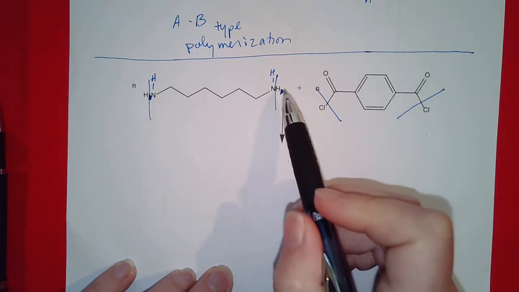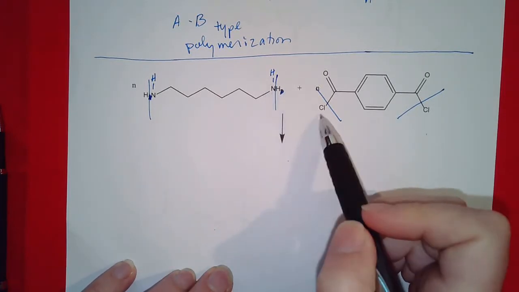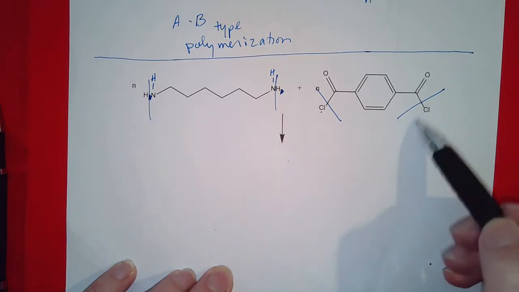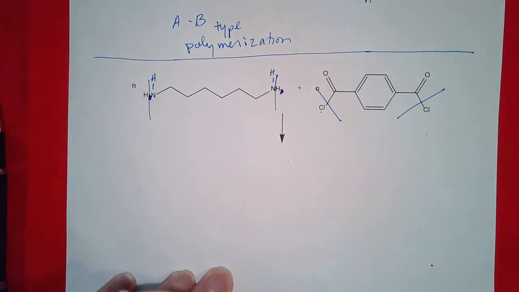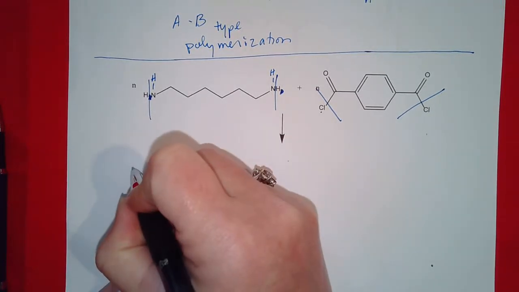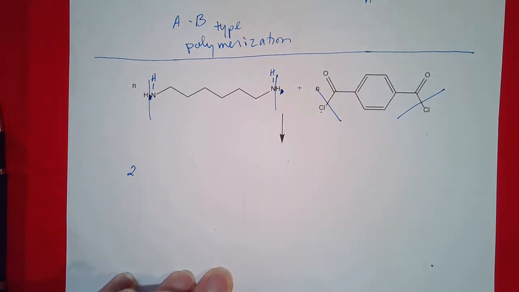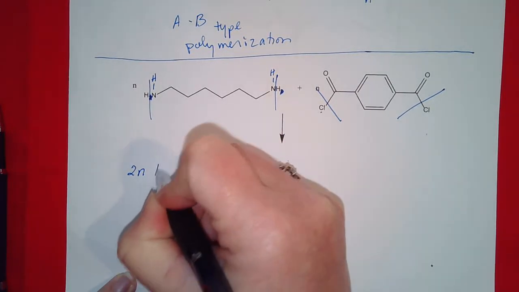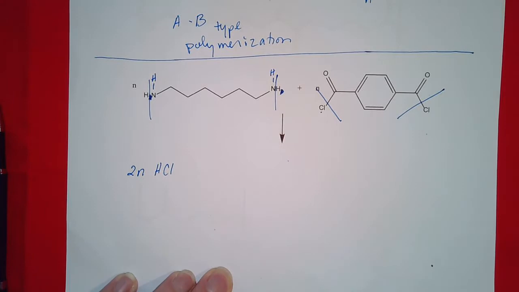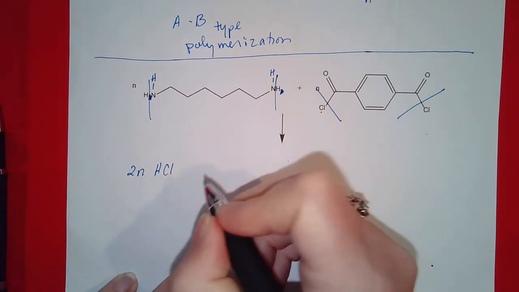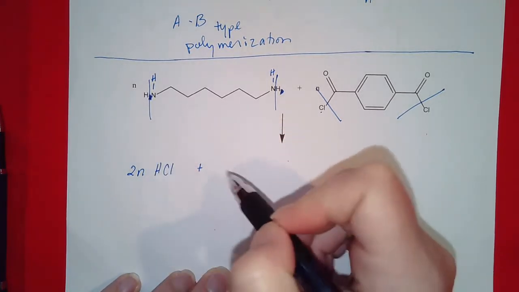So now I can see HCl, HCl. So how many are we going to form? 2 per repeat unit, and we have N repeat units. 2nHCl.